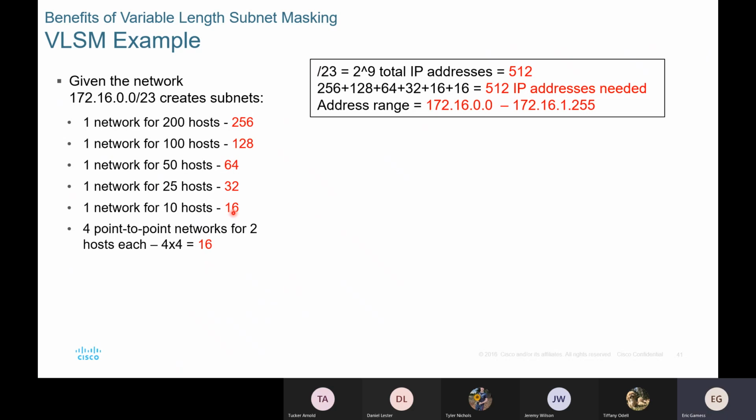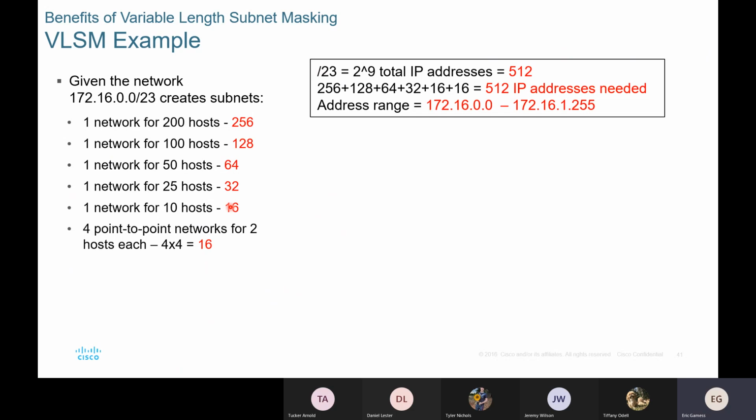And we also have 4 point-to-point networks in the company. So what will be the minimum size of IP addresses for each point-to-point network? 4. When you have a point-to-point network, you need 4 IP addresses.